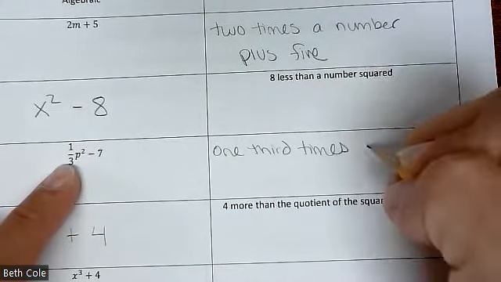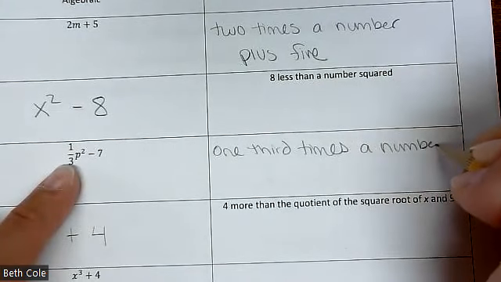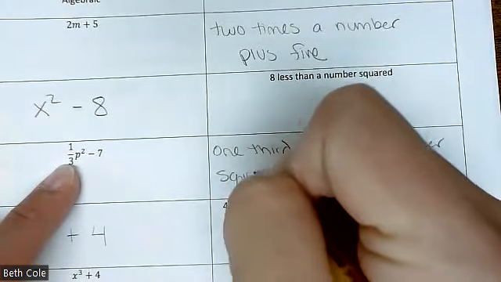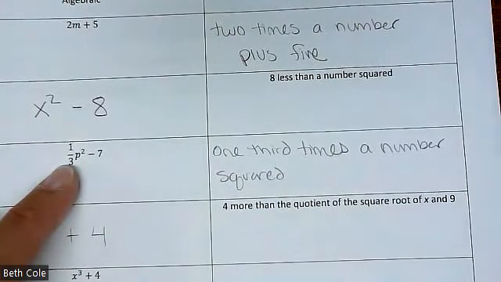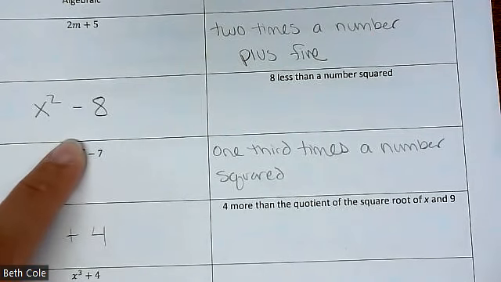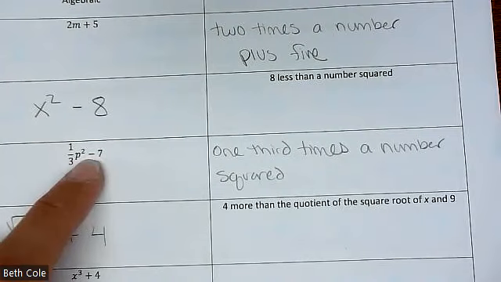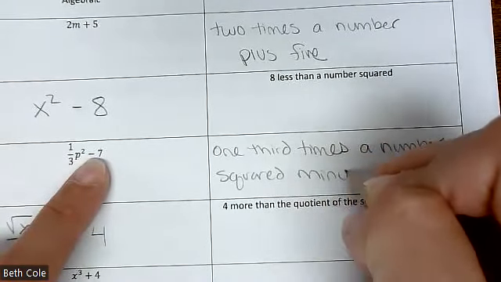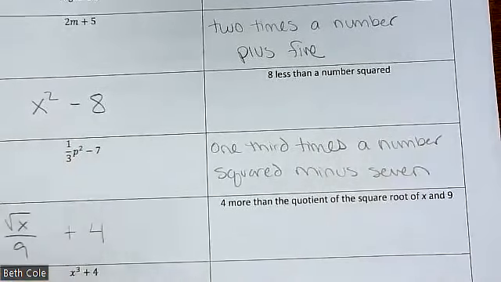Good, perfect. 1/3 times a number squared and then that takes care of that first part. And then what would be next? -7. Yeah, -7. So all words, no symbols. I think that's harder. I don't know. I feel like it's harder to go that direction. For me anyway, because I'm a numbers person, not a words person.